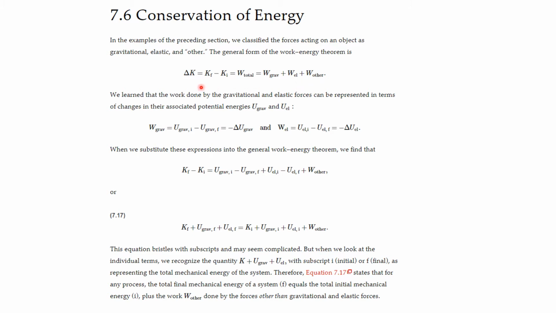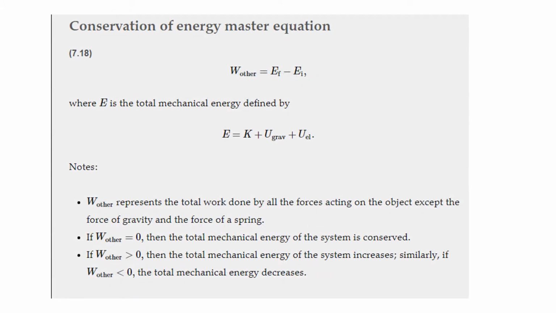Now, if you do some algebra on this equation, you end up with an expression saying that the energy before is equal to the energy after, although there can be shifting in where it is, and that is called the conservation of energy master equation.